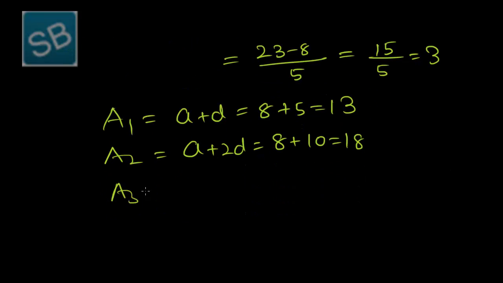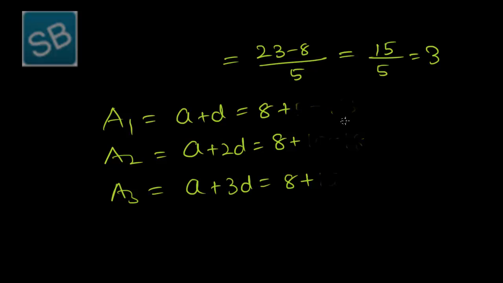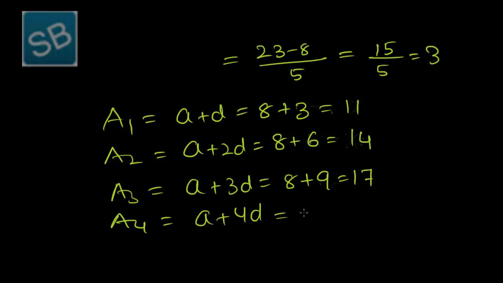The third mean is a plus 3d, that is 8 plus 9, which is 17. The fourth mean is a plus 4d, that is 8 plus 12, which is 20.